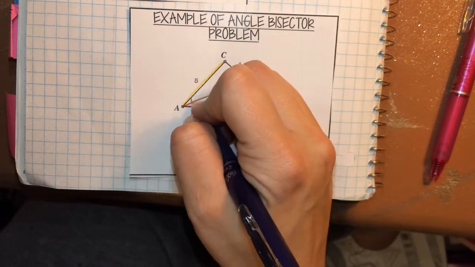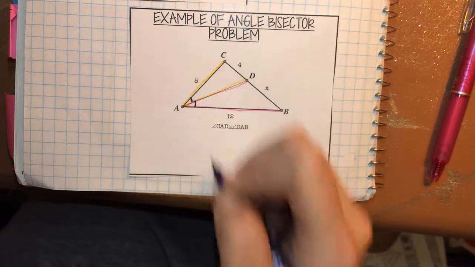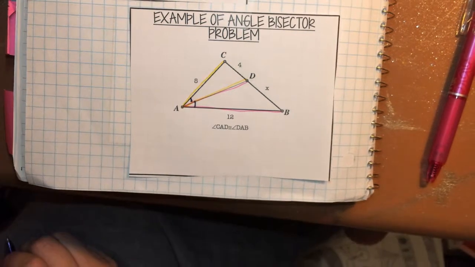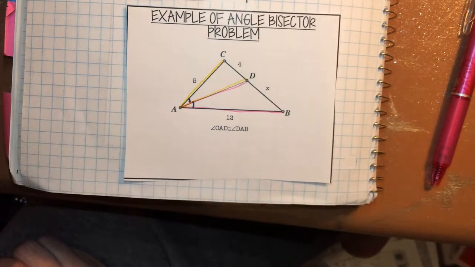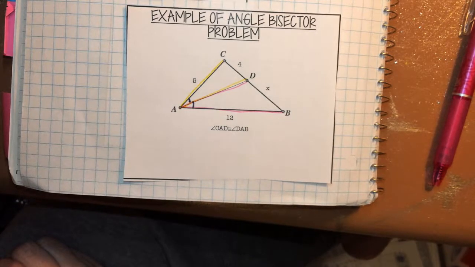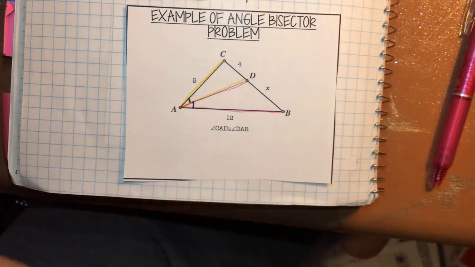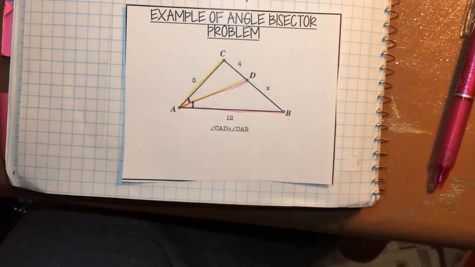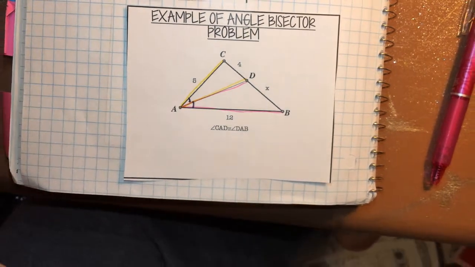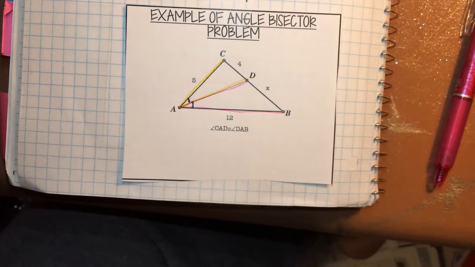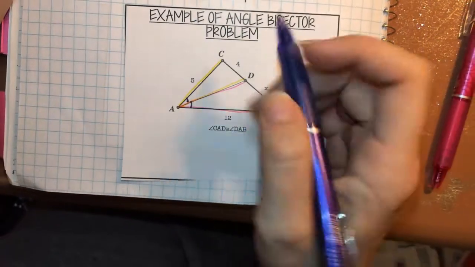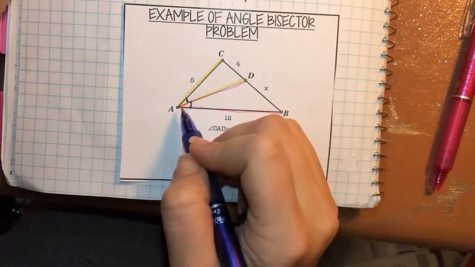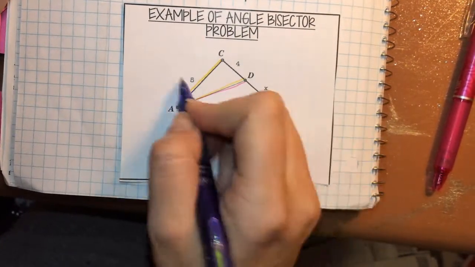Alright, now if these two are congruent, let's put rainbows. That means that we have proportional sides. Sorry guys, had to try to adjust the camera angle. So, since these are congruent, that means you have proportional sides.